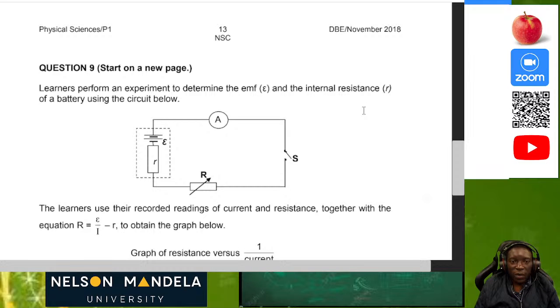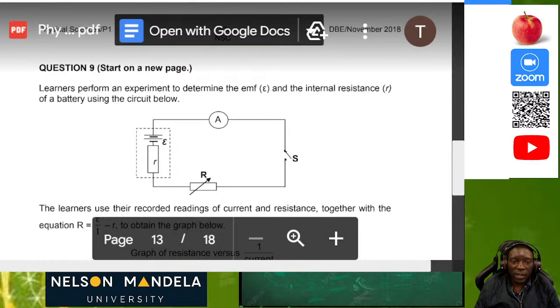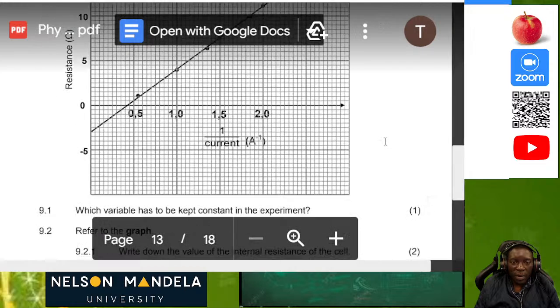So the EMF of the energy source, or of the voltage source, should be constant, and also its internal resistance, meaning the same voltage source should be used. So it will have the same internal resistance and the same EMF.